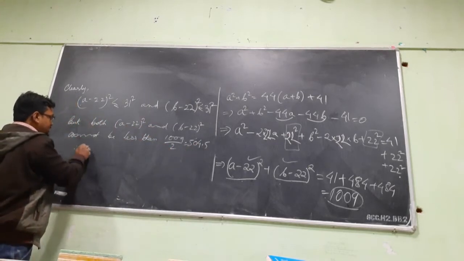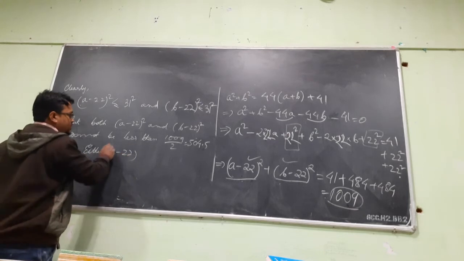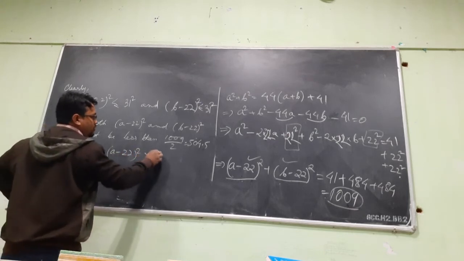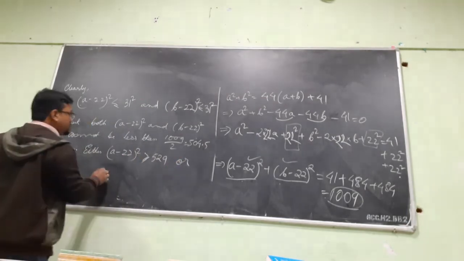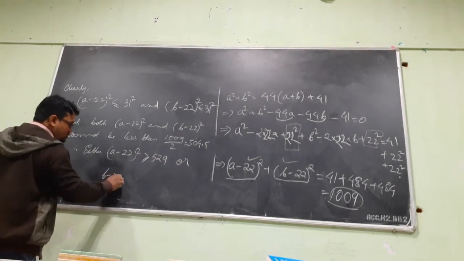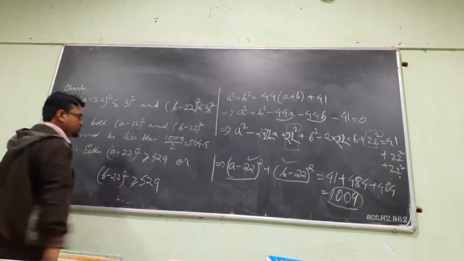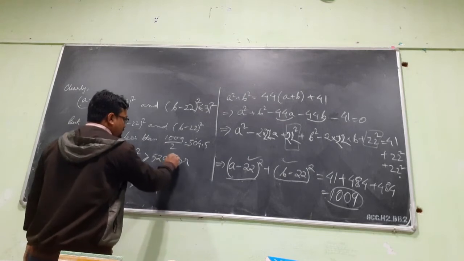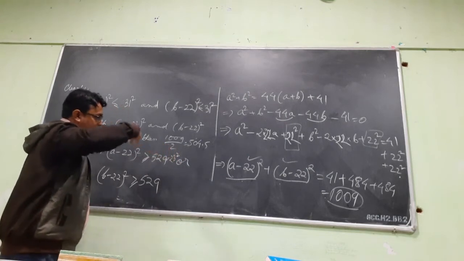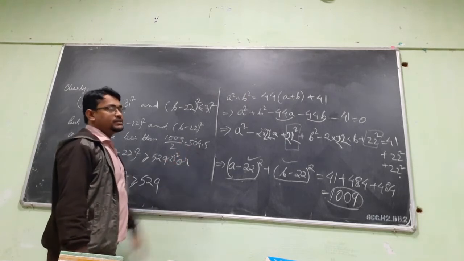So therefore at least one of them is greater than or equal to a perfect square. Either (a minus 22) square is greater than or equal to 529, or (b minus 22) square is greater than or equal to 529, which is 23 square, the first perfect square greater than 500.